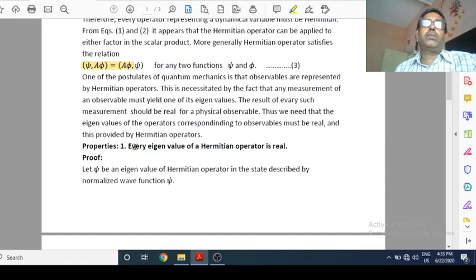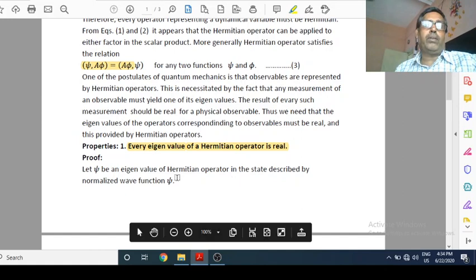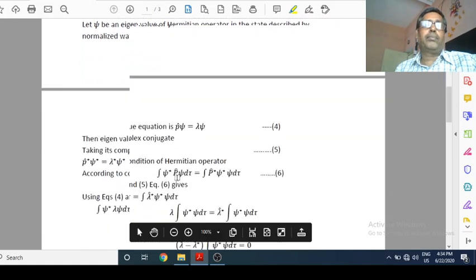Here we will discuss two properties, and one of the properties is that every eigenvalue of a Hermitian operator is real. So first we take a Hermitian operator, then find its eigenvalue, and then we will see it is real. So we are going to prove this. Let psi be an eigenfunction of the Hermitian operator, in the state described by a normalized wave function.